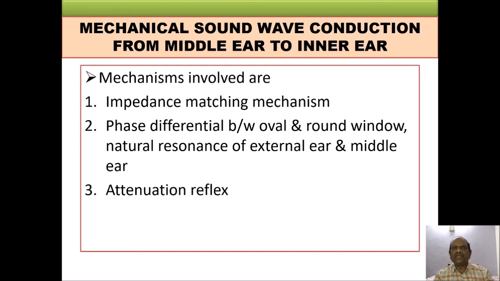Just for your information, the mechanisms which are involved are, first, the impedance matching mechanism of the sound. Second is the phase differential between the oval and the round window, which is related with the natural resonance of the external ear and the middle ear, and that is the attenuation reflex.